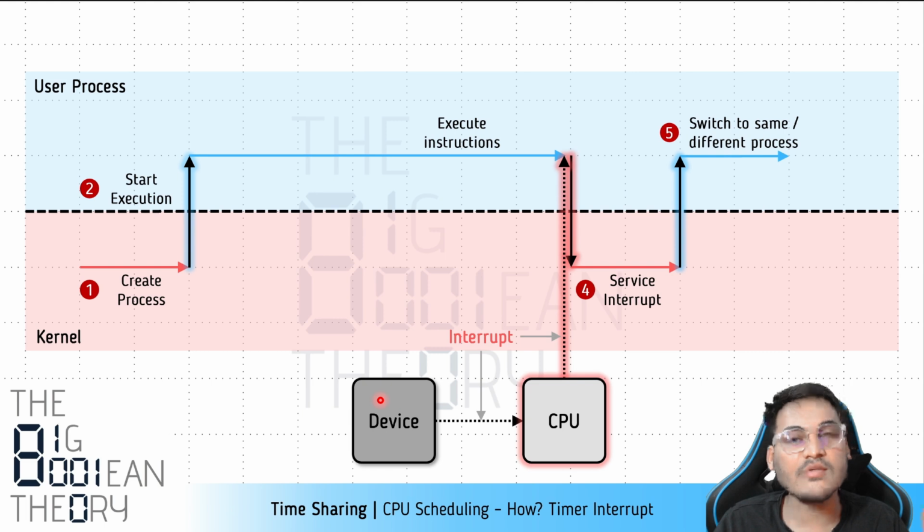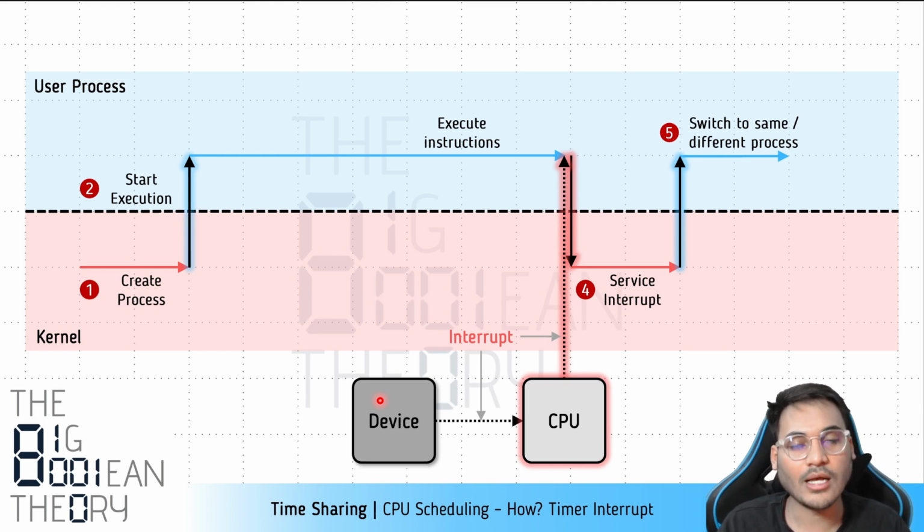Let's say a user process had initiated a read on a hard disk. When the user process initiates the IO operation, it would block, waiting for the IO operation to complete. Once the operation is complete, the device notifies the CPU, and it is a good time for the operating system to unblock that process and continue execution.